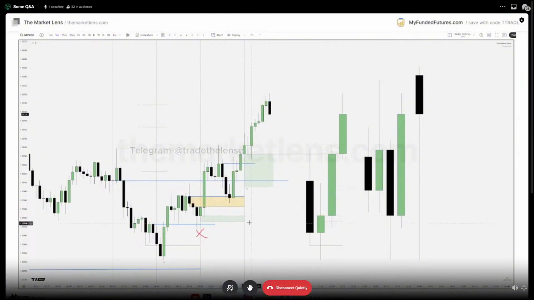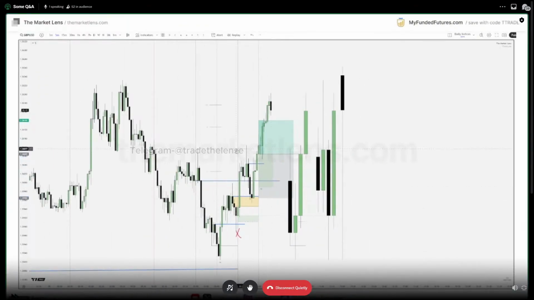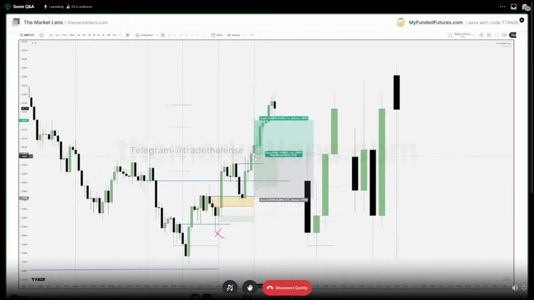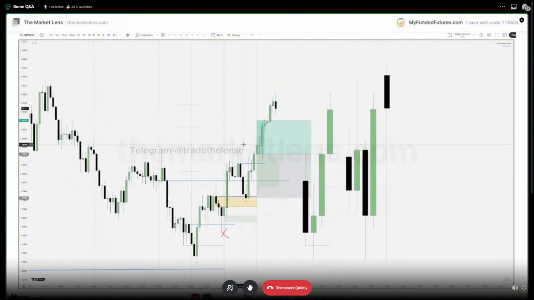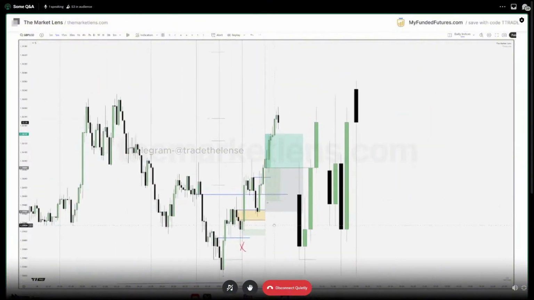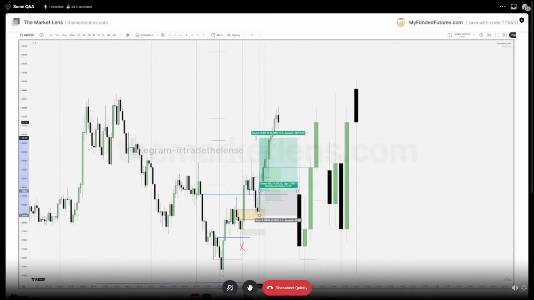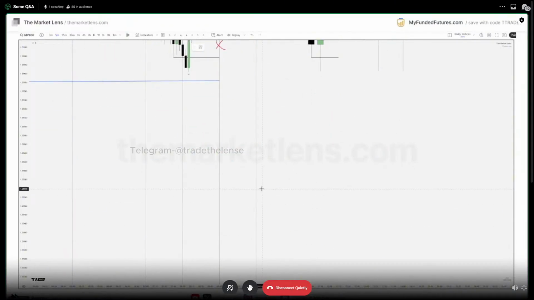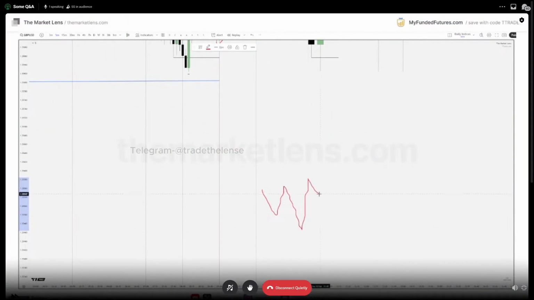Make that a little darker. So any entry in here with my stop below the lows, fine. Or wait for that continuation and then order block. I don't really like this entry because we've just swept out this high, well, not swept out that high, but I don't know. I just don't like how wide the stop loss is. I prefer taking something like this. I'm a big believer in, I like to be entering like this. Let's see.